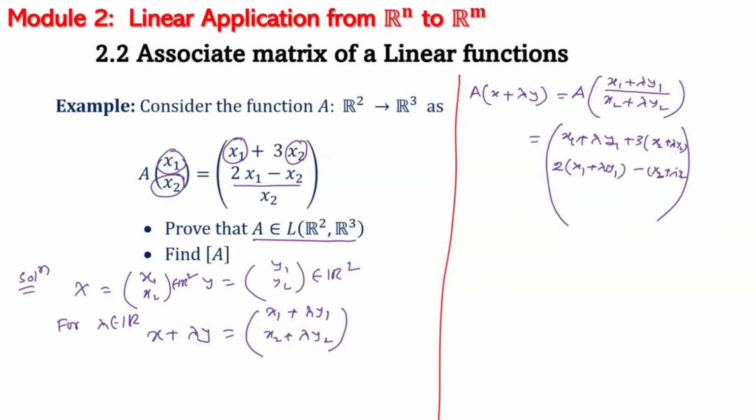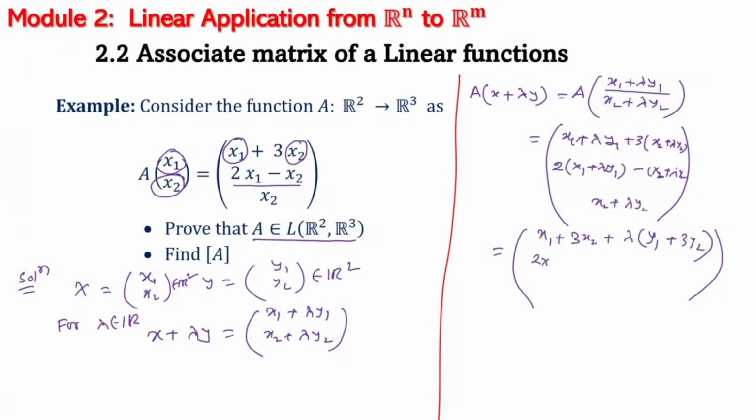And third one is x2. In this case, it will be x2 plus lambda y2. Now we'll separate the part which is associated with lambda and without lambda. So therefore, we can rewrite this as x1 plus 3x2 plus lambda (y1 plus 3y2).